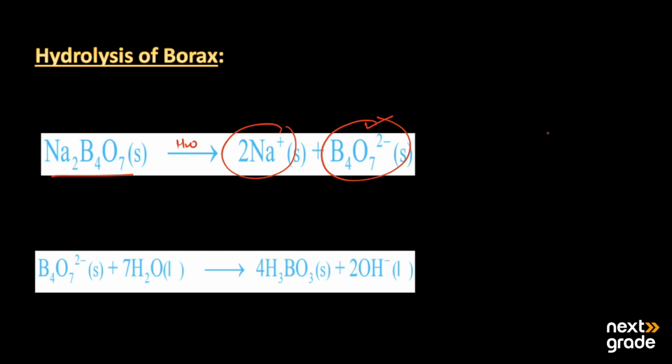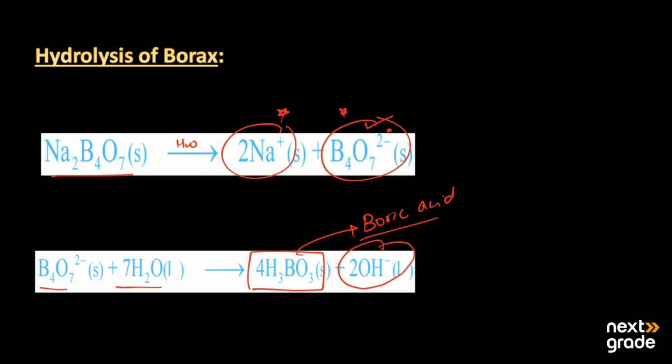I have already shown the structure for this, in which the sodium surrounds the boron in a specific manner. Then B4O7 combines with water molecules, and we gain boric acid, H3BO3, along with the production of hydroxyl groups.